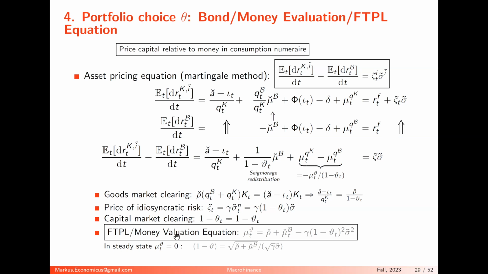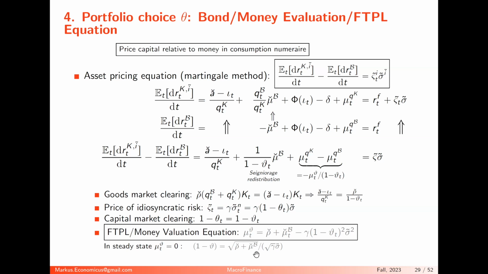It's the so-called money valuation equation, or it turns out to be the FTPL equation. The drift in varTheta, which is the drift in the value of the government bond relative to total wealth, is rho check plus the drift in the money printing minus gamma times 1 minus varTheta squared times sigma tilde squared.